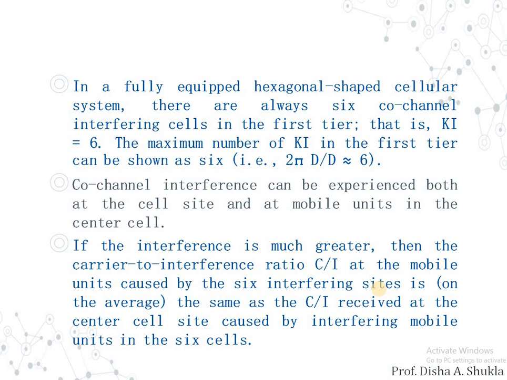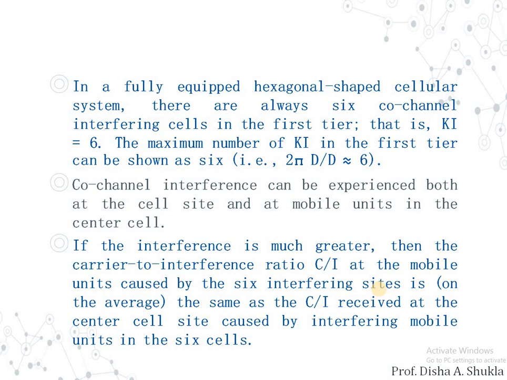Now if the interference is much greater, then the C upon I ratio at the mobile unit caused by the 6 interfering sites is the same as the C upon I received at the center site. That is, if the interference is very high, then this value of C upon I ratio at the mobile unit side and at the center cell site will be almost the same. It will be caused by the interfering mobile units in the 6 cells.